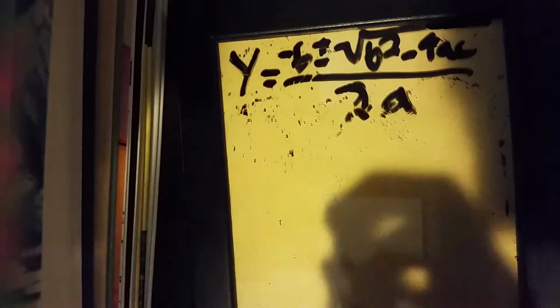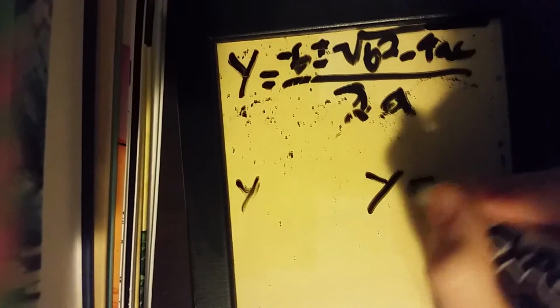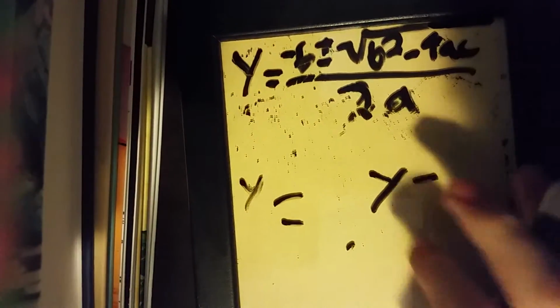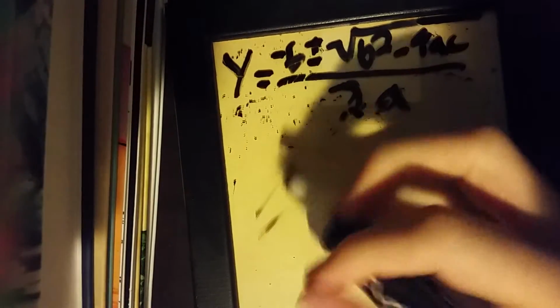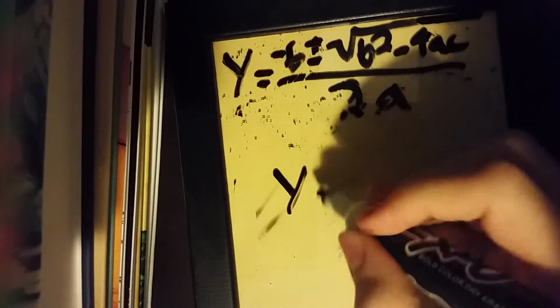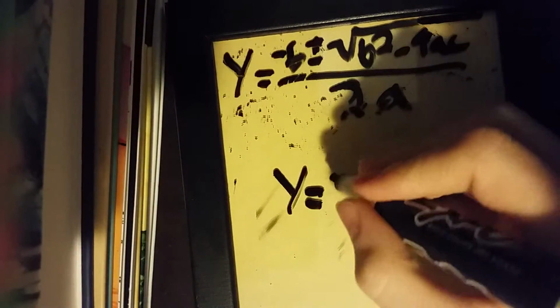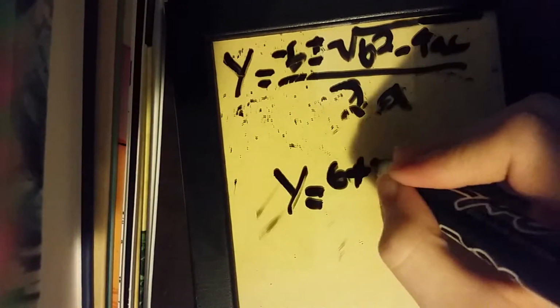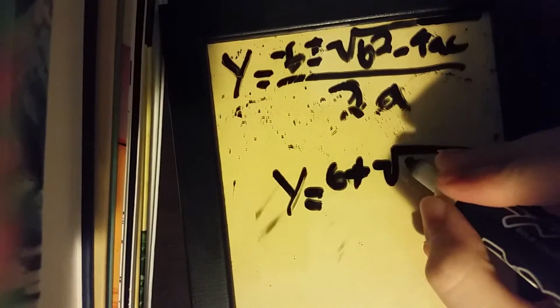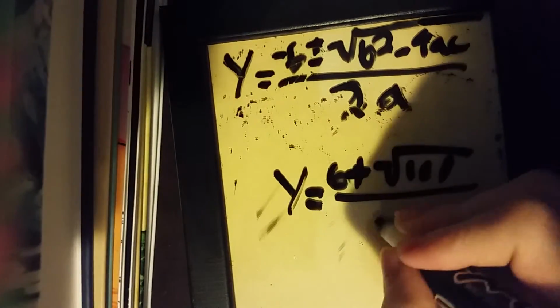So then after you do that, you split it up, whatever, you got all that. Then you would continue just solving it. I'm just going to do one of them for time's sake. So I'm going to do addition for you guys. And then 100 over 4.